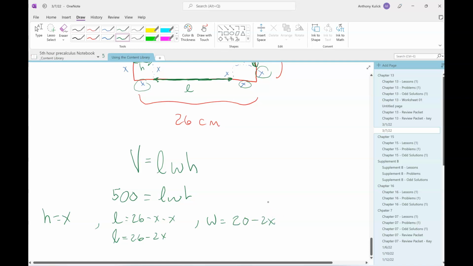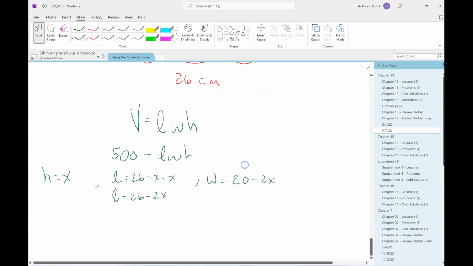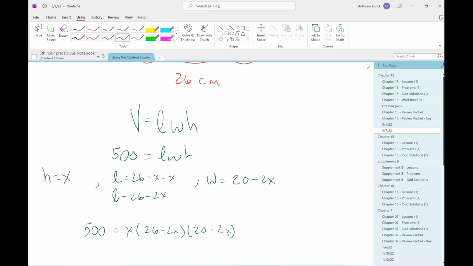So again, we have 20 minus 2x. Does that look okay? Now I can just set those each equal to 500 and solve, right?